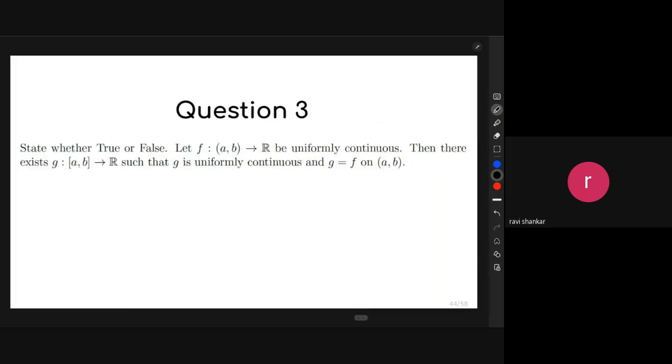Now let's discuss question number 3. I'm leaving this question as an exercise for you. You need to come up with an example to show this is false.